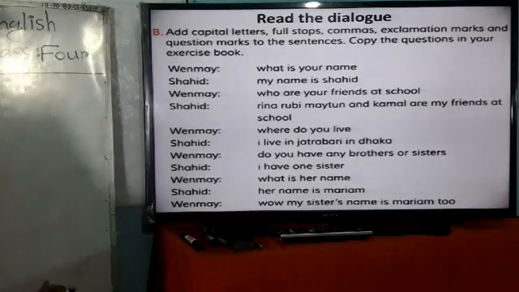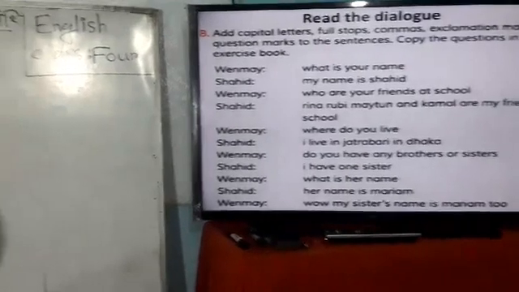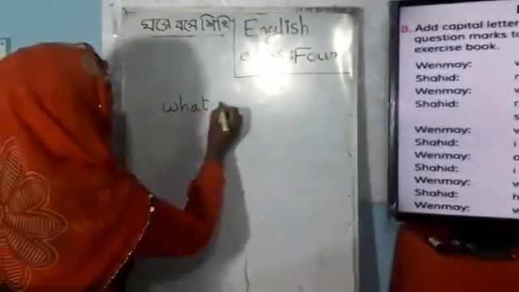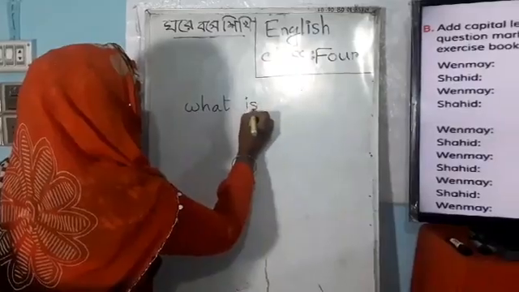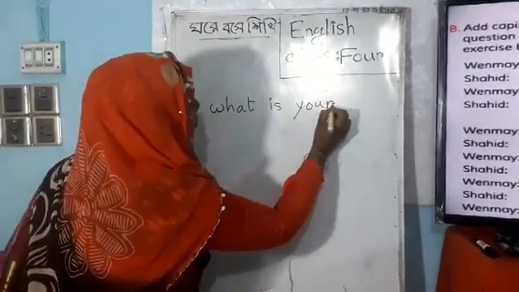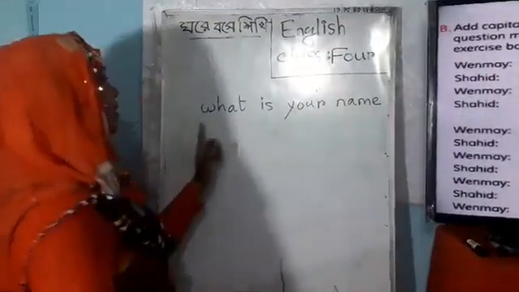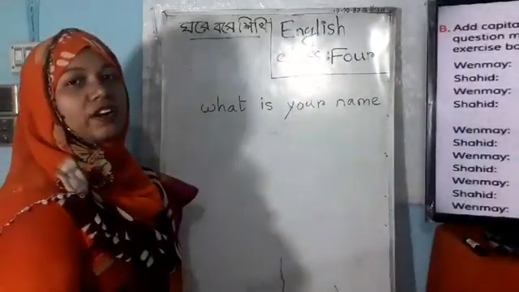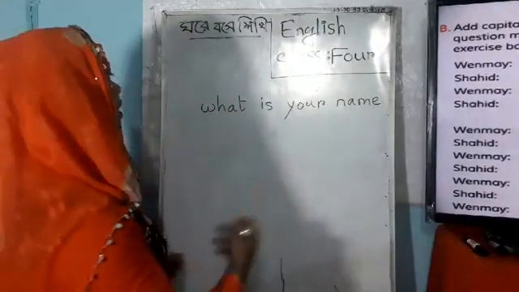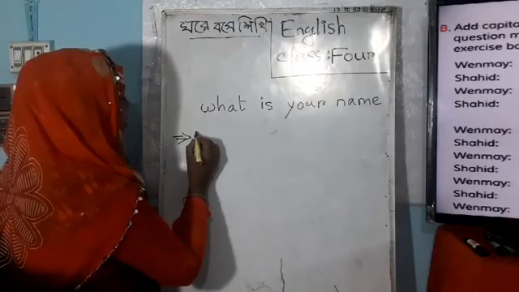Dear learners, look at the board. First sentence, this is written in small letters. What is your name? And it's wrong. We have to write it in correct form. So we have to use a capital letter before we start the sentence.